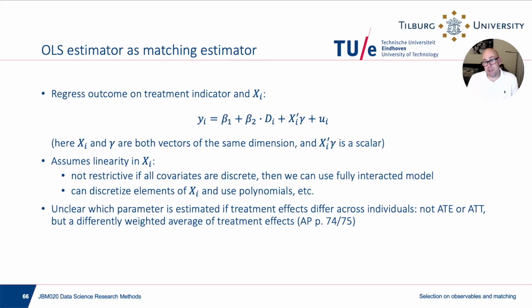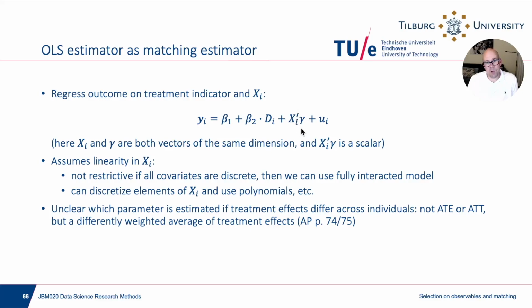So when random assignment holds for given x, one might have the idea that one simply controls in addition for x. So x_i would here indeed be a vector, and x_i and gamma are both vectors of the same dimension, so therefore this is a scalar because it's the inner product of these two vectors.